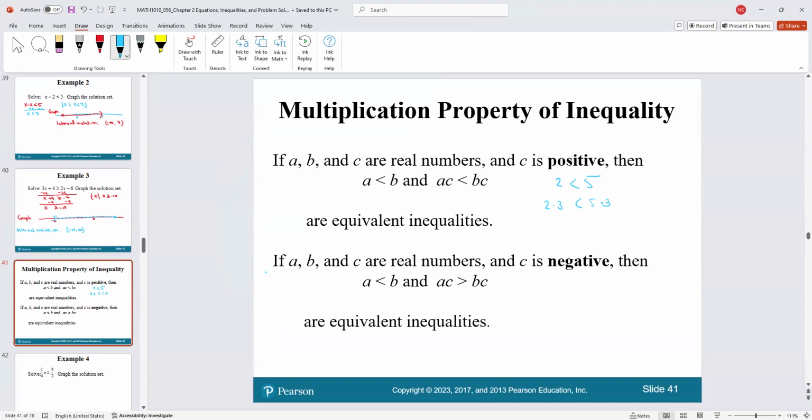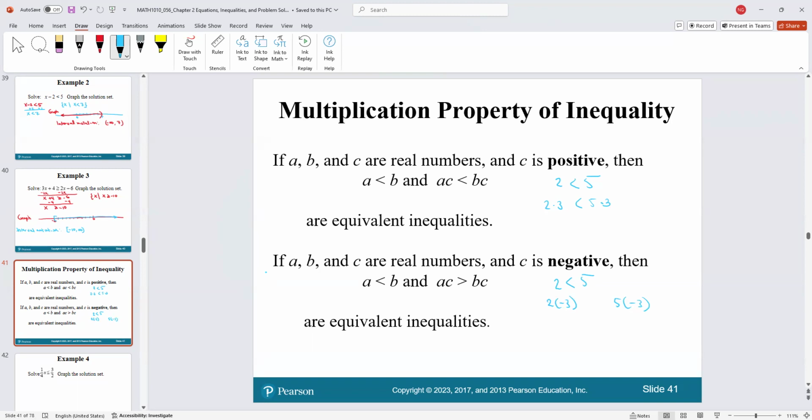If A, B, and C are real numbers and C is negative, now that's something different. Remember, if we have 2 less than 5, look what happens if you multiply by negative 3. 2 times negative 3 gives you negative 6, and 5 times negative 3 gives negative 15. What's happened? You switch the sign.